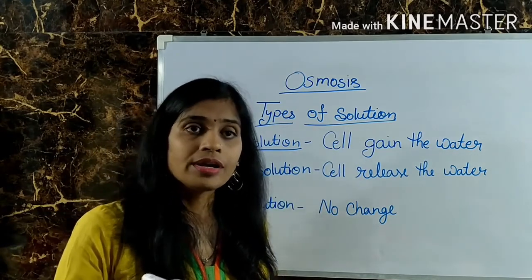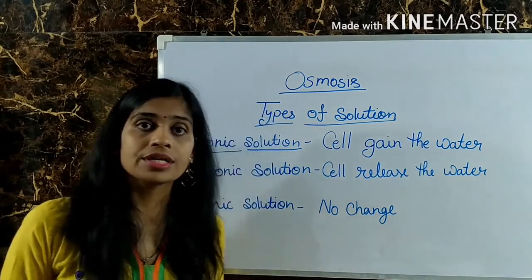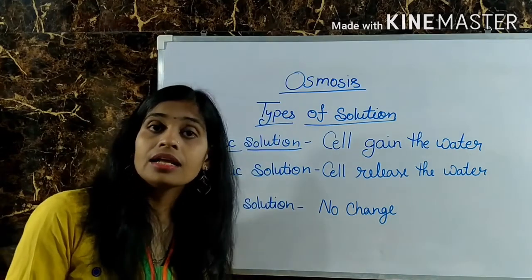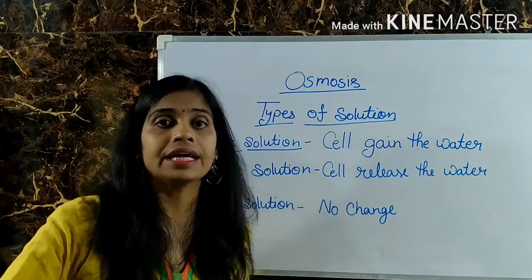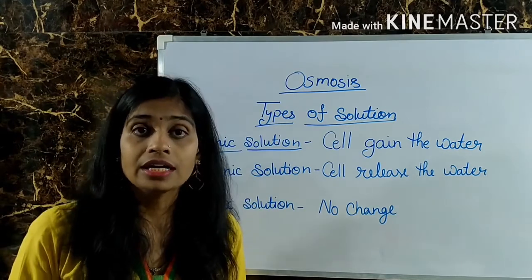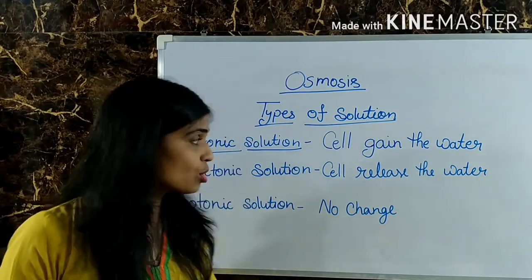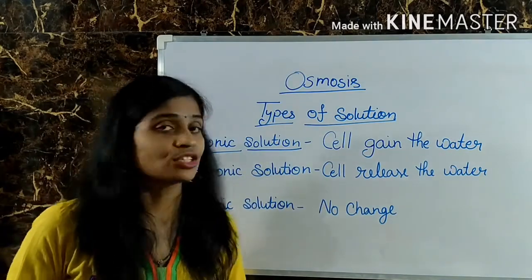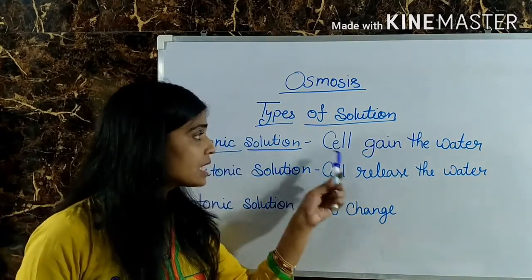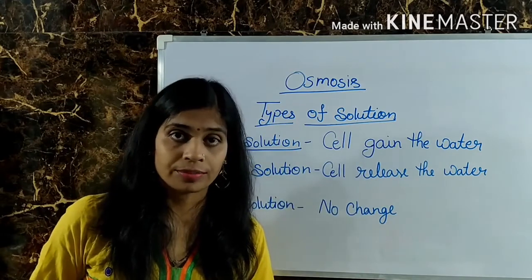So whenever the higher water concentration is outside the cell, then the cell starts gaining water and swells up. Such a kind of solution is called a hypotonic solution, in which the cell gains water.